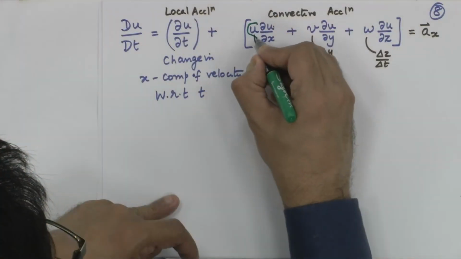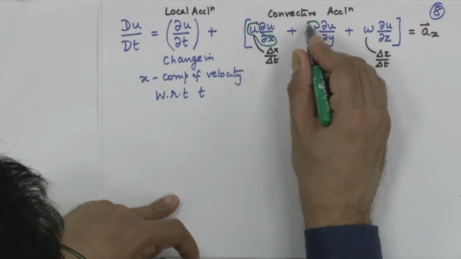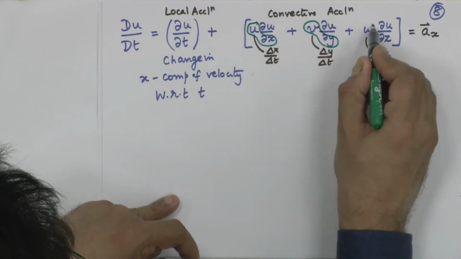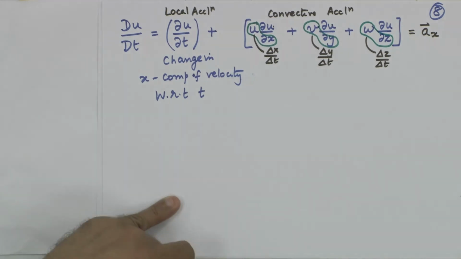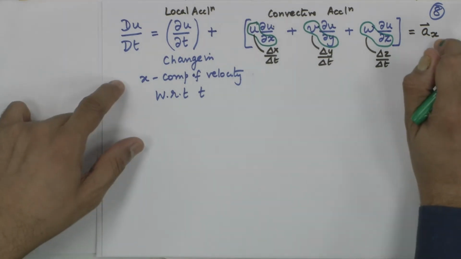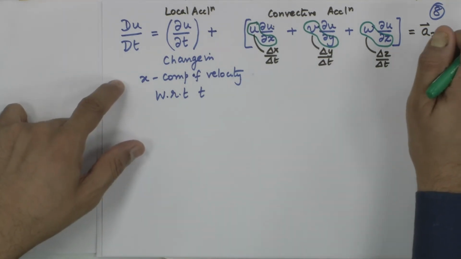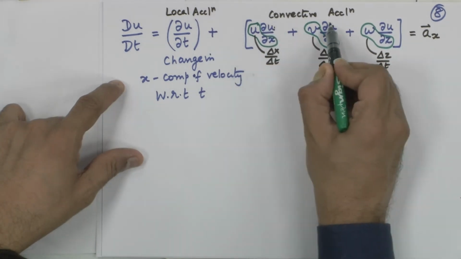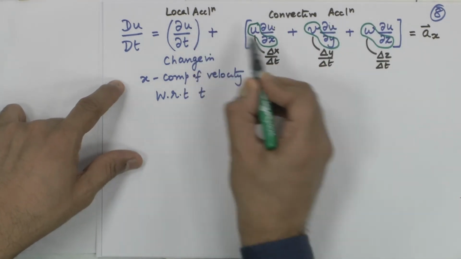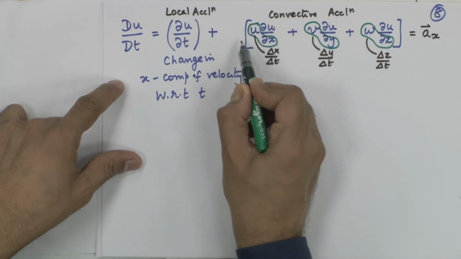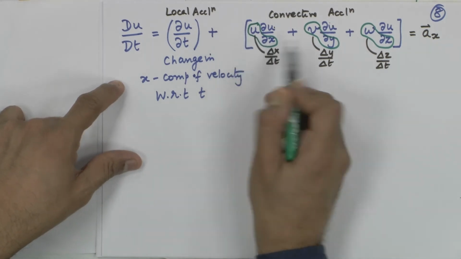Please remember this: u goes with x, v is with respect to y, w is with respect to z. The x momentum, the x component of the acceleration. So everything here is for u. The carrier and the coordinate with which you are taking the derivative will all be the same.